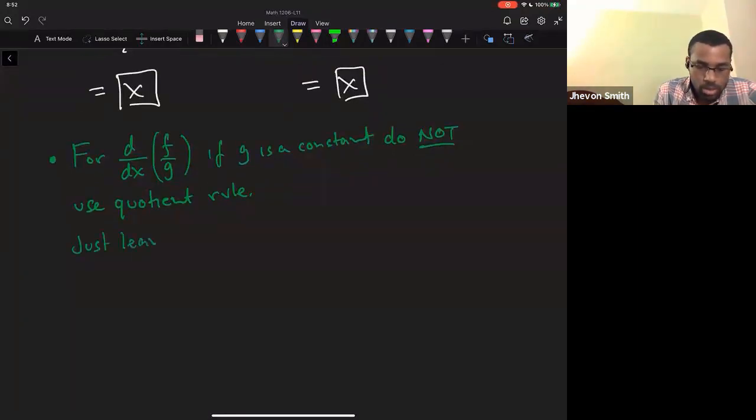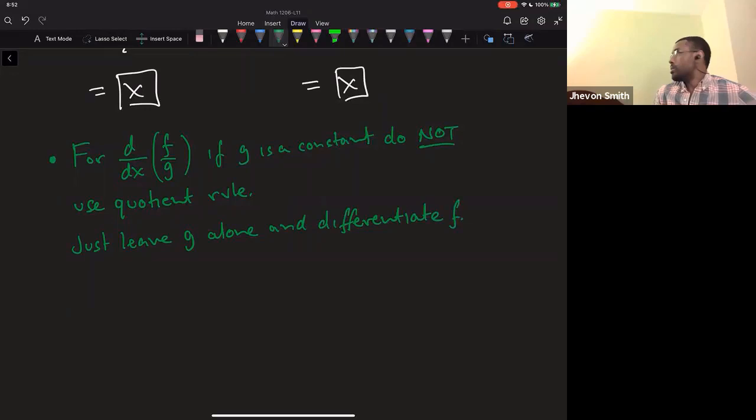Just leave g alone and differentiate f. It wouldn't be wrong to use the quotient rule, but in cases where you don't strictly have to use the quotient rule, but students try to use the quotient rule, I see them get it wrong a lot of the time.